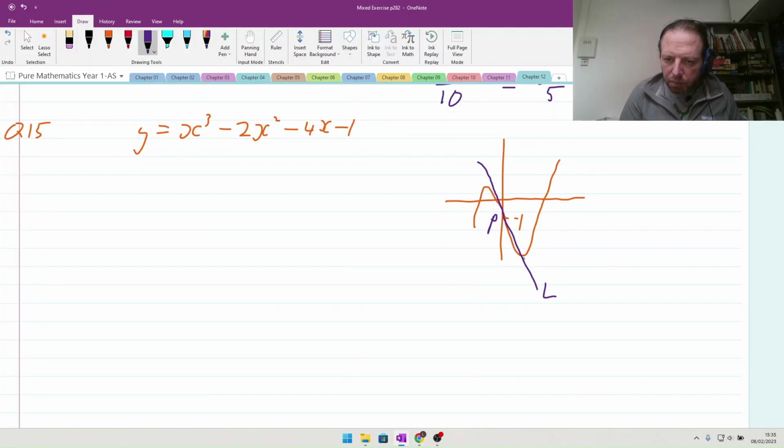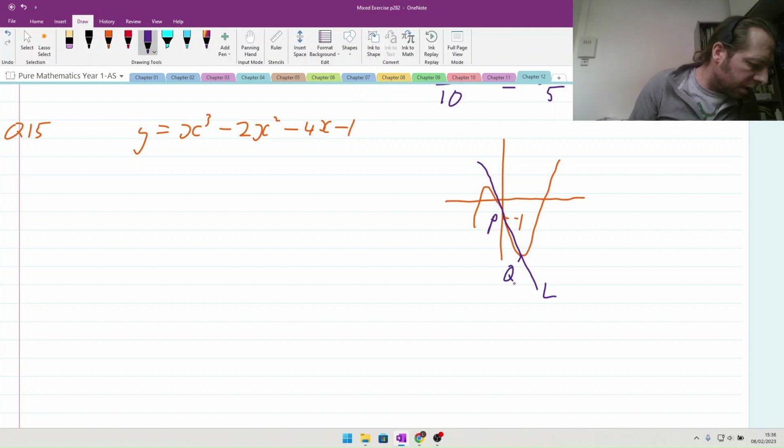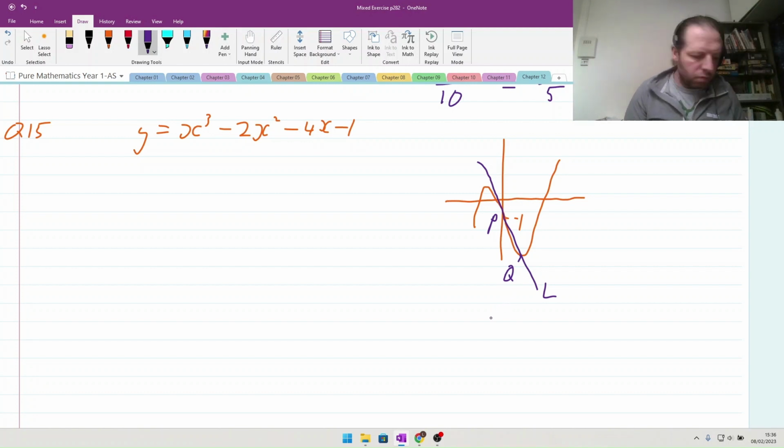So this here is your point Q. Show that the distance of PQ is 2 root 17. Okay, let's start with finding out what the equation of L is.